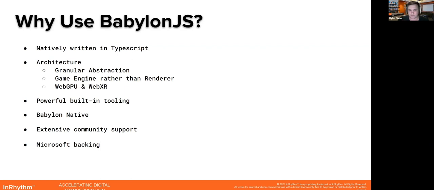And then, as mentioned before, WebGPU and WebXR. At the time of use, BabylonJS is, from my research, the only framework utilizing WebGPU right now. As mentioned before, that comes with a lot of performance benefits.